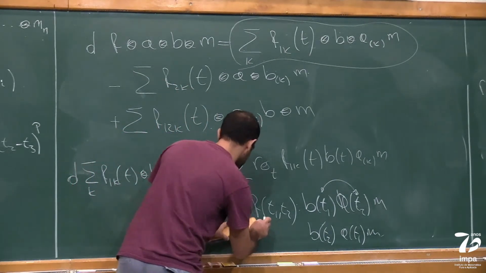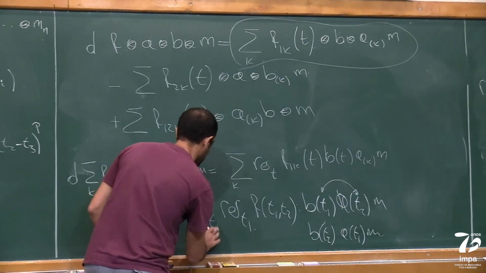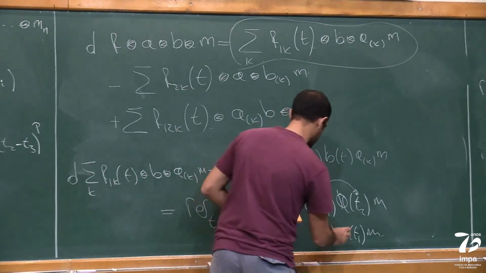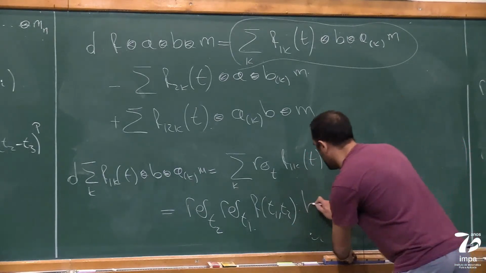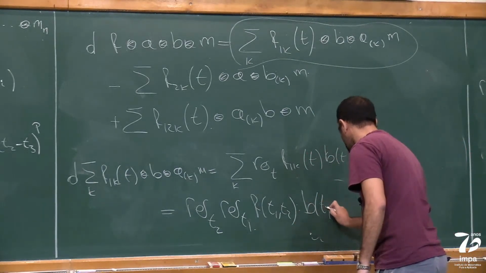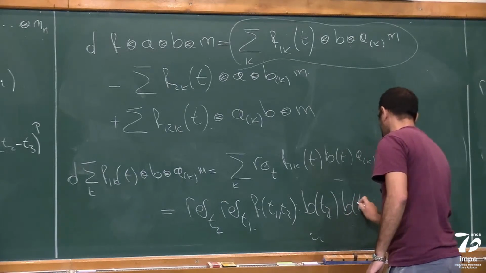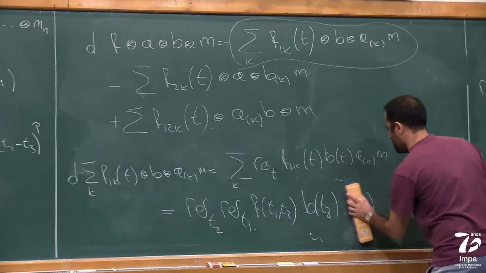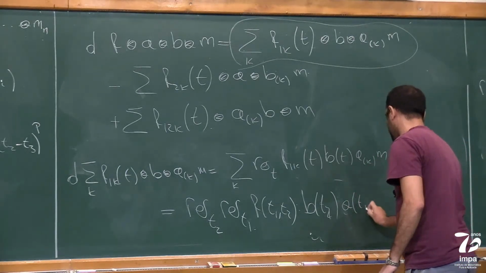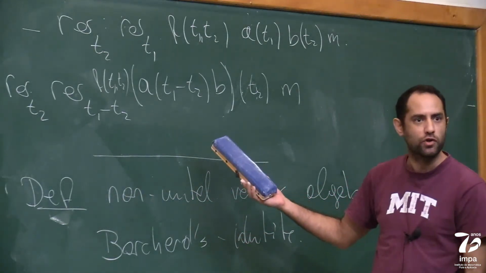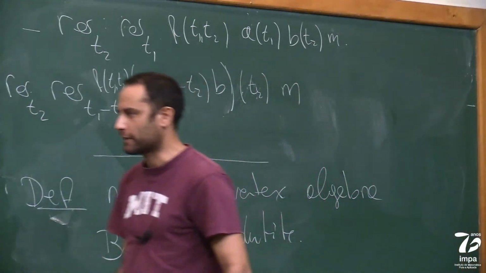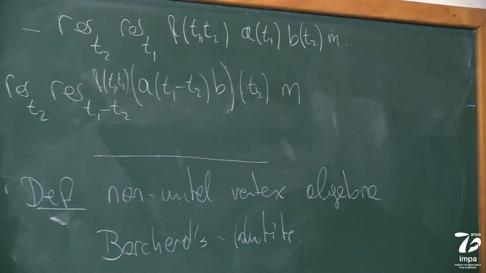So if I change this to T1, then a residue of T2, then this becomes like this way. I can take B of T2, B of T1, A of T1, apply to M. And this is, well, if M is V, this is the Borcherds identity. If M is an arbitrary module, this is the definition of having a module. The fact that the sum of these three things is equal to 0.